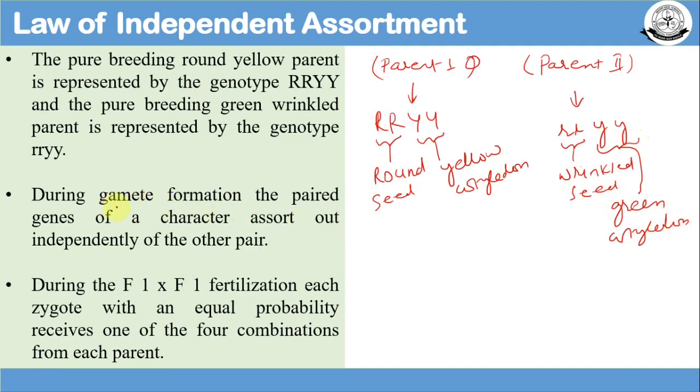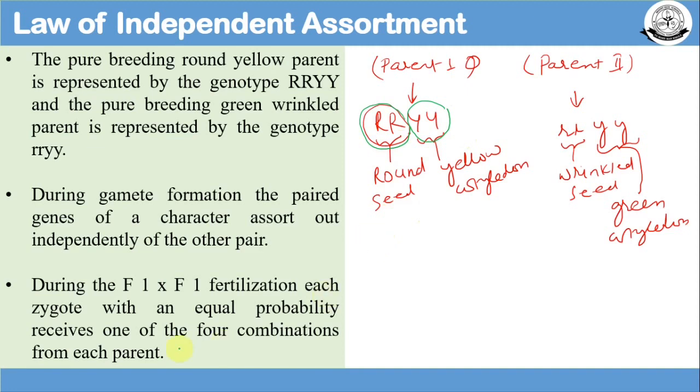Right? So during gamete formation, the paired genes of a character assort out independently of the other pair. That means this pair and this pair, the pair responsible for seed shape and the pair responsible for cotyledon color, assort independently from one another, right?